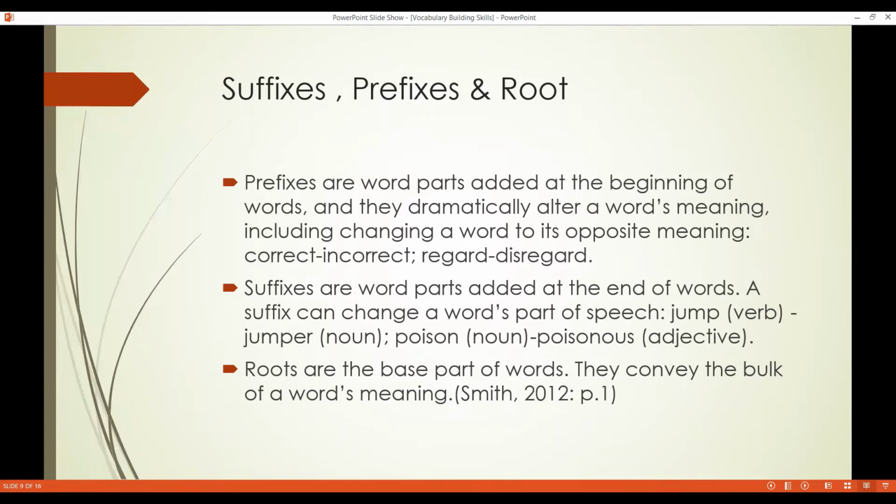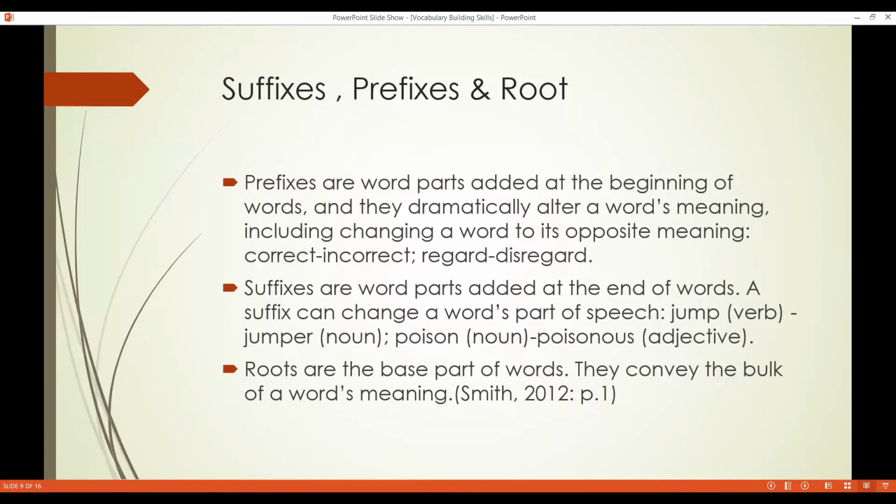Prefixes are word parts. Needless to say, they are added at the beginning of words, and they dramatically alter a word's meaning. They change words into antonyms, like regard and disregard, correct and incorrect. Suffixes are word parts added at the end of words, and they can change verbs to nouns, and nouns to adjectives, like jump to jumper.